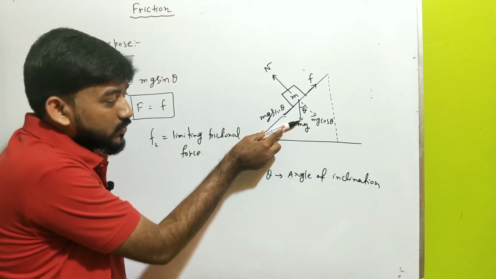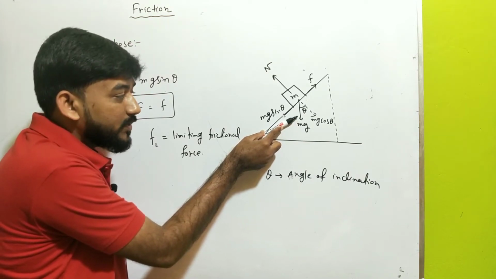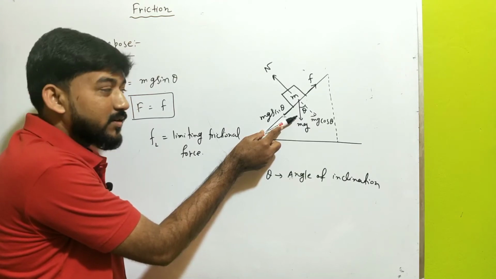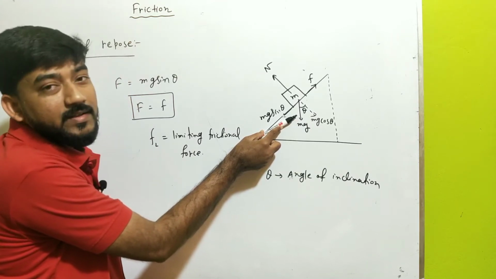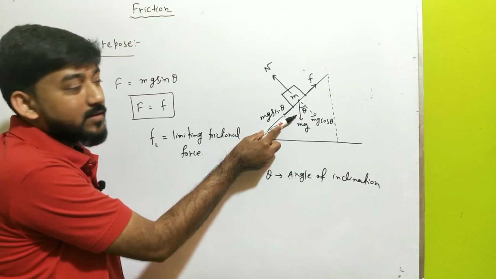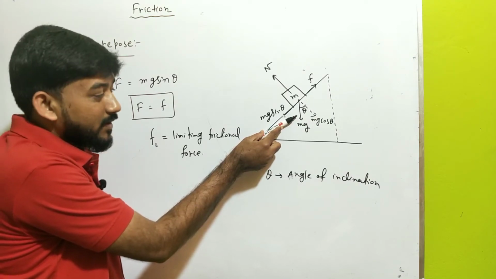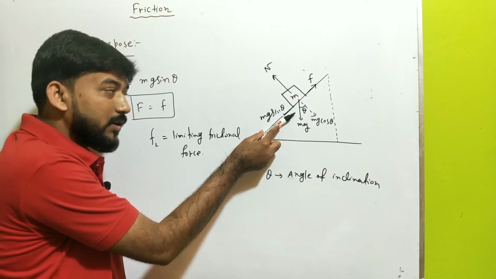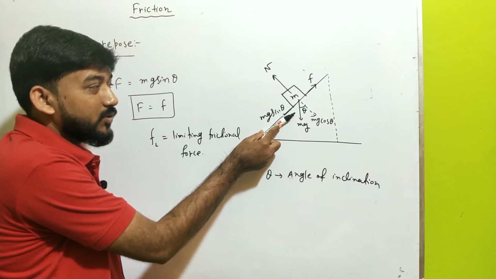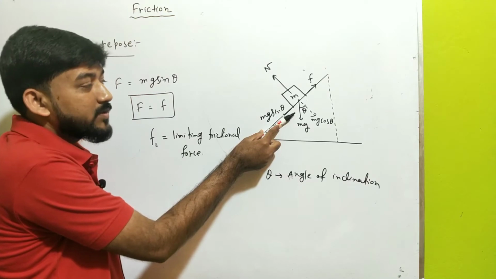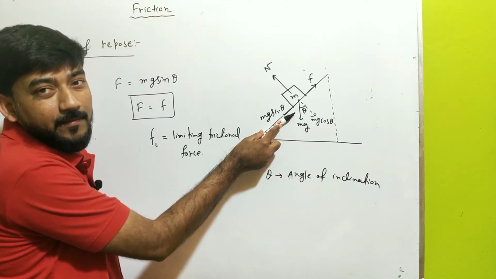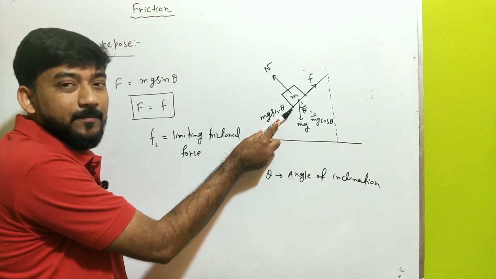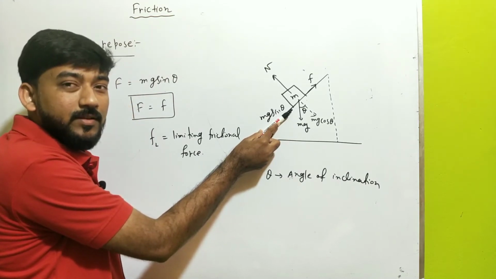Then if you slowly increase the angle of inclination, mg sin theta will increase, but the frictional force will adjust by increasing its value. Now if you again increase theta, there will be a limit when the frictional force F cannot balance mg sin theta, and if you increase theta further, the object will be moving.